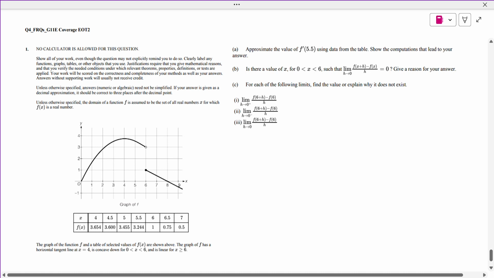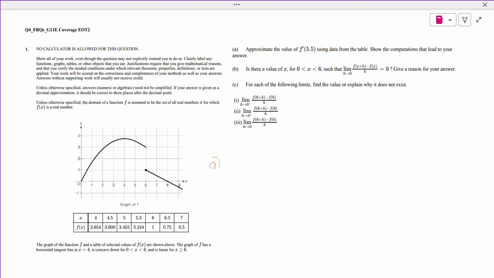So for part A, f prime of 5.5 will be approximately what? Now be careful here. 5.5 is here on the graph. When you are approximating it, you cannot use f of 6.